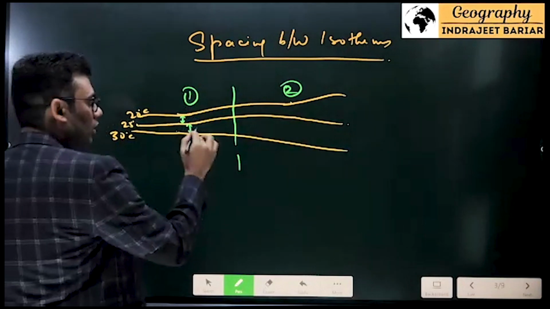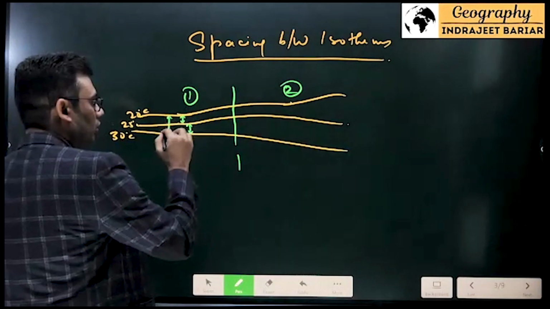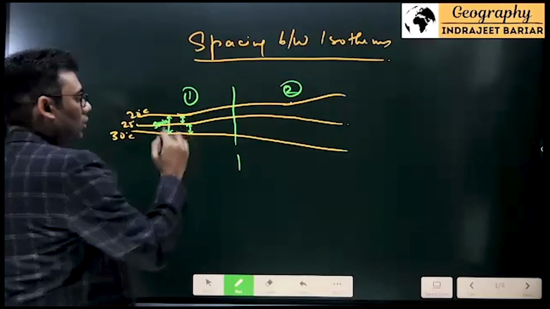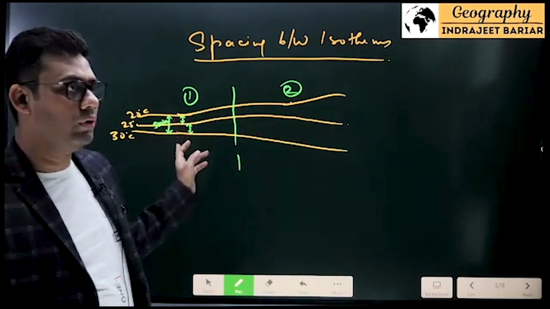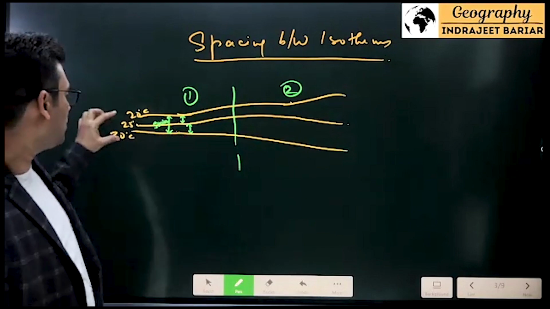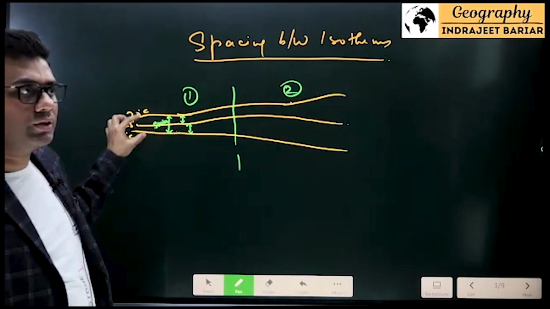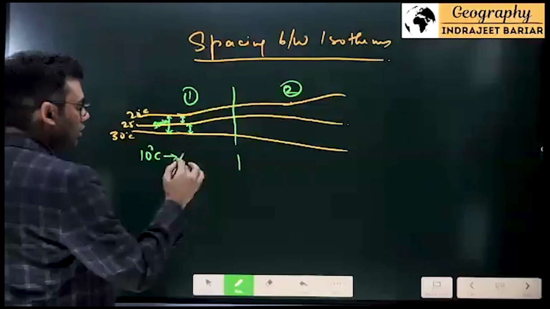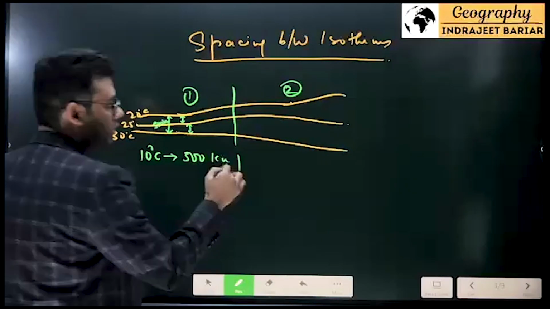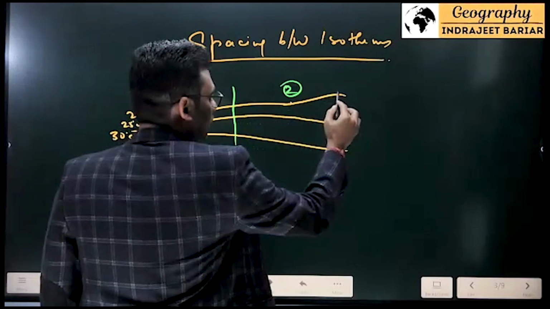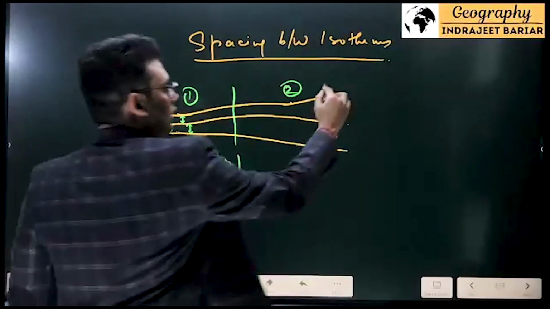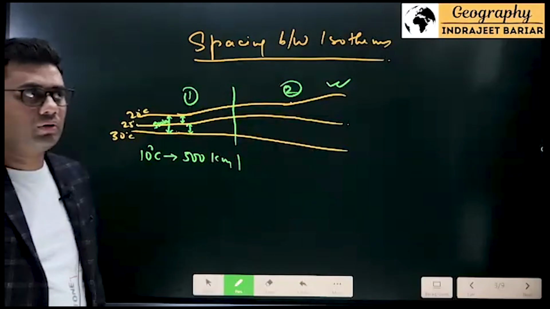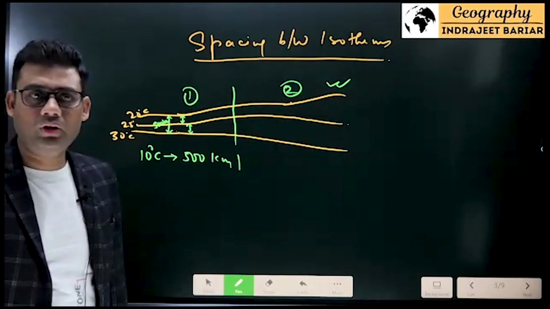If in this particular region you move just from here to here, let's say this is 500 kilometers. So when you have moved for 500 kilometers, the temperature change is how much? 10 degrees Celsius. So here 10 degrees Celsius temperature change is there with 500 kilometers. On the other hand, if you talk about the same change in temperature here in region 2, it would be more than this distance.